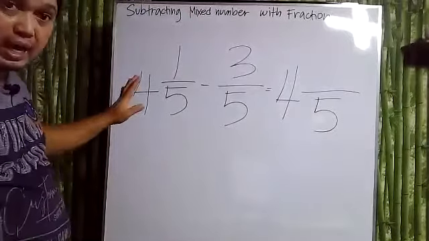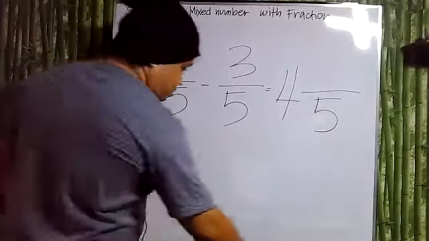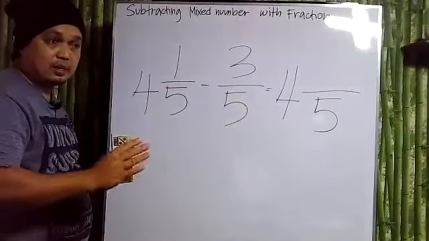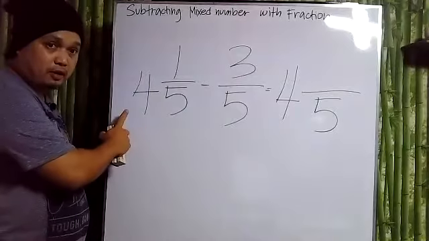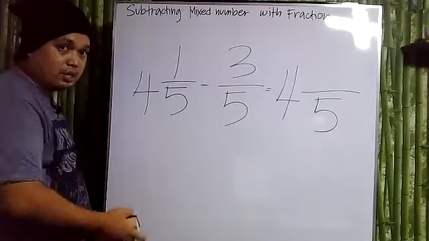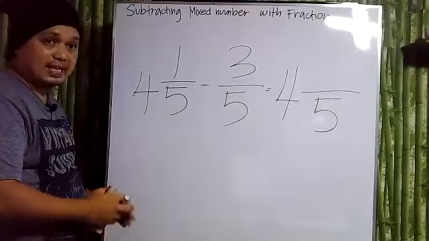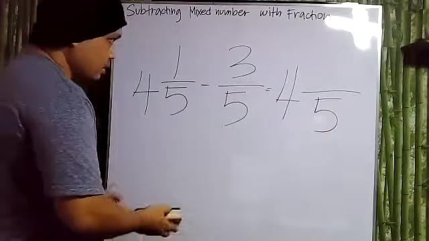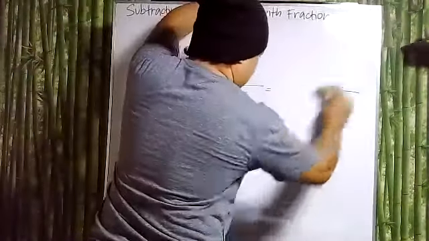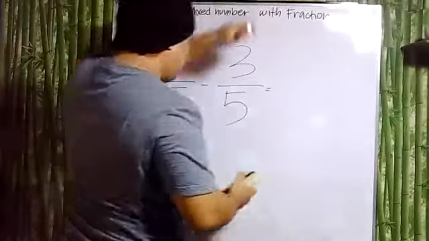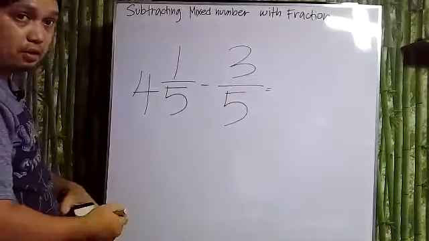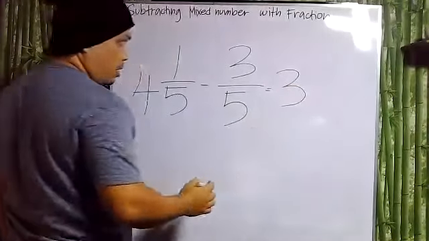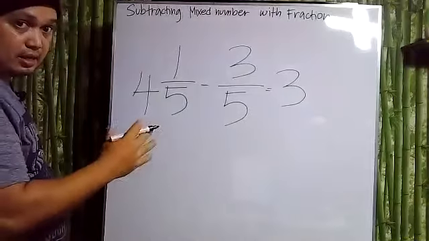So how do we answer this? By borrowing 1. We're gonna borrow 1 from 4 in fraction form. How? If we're gonna borrow 1 from 4, so 4 minus 1, that's 3. So our whole number now is 3.